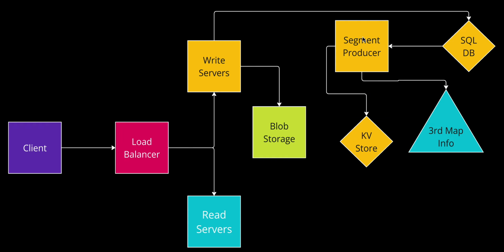Okay, let's talk about the segment producer. The segment producer is responsible for breaking the entire world map into smaller manageable segments. This makes searching for places much faster and more efficient. It acts as the starting point of the Yelp system. So, how does it work? It communicates with a third party map service like Google Map API, for example, to get that map data.